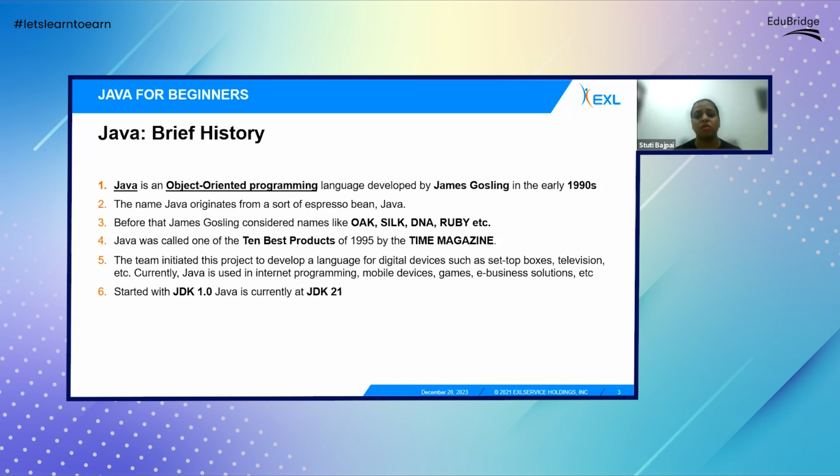There are multiple e-business solutions across domains that are built on Java. It started with JDK 1.0, and currently it is at JDK 21. So you can understand how much it has evolved over time. I started with Java 5, and now I'm working on Java 17, 21 being the latest one.